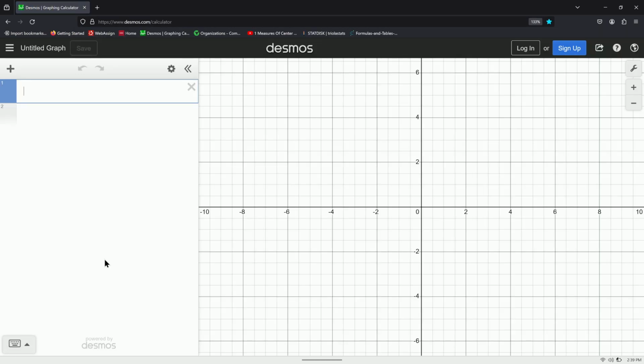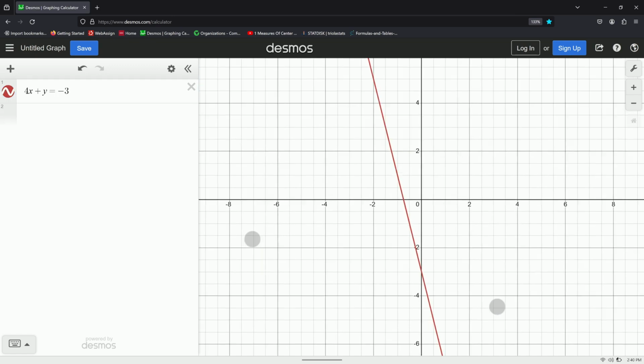And what's nice about Desmos is that you can type in your math exactly the way it looks on your homework or in the book. So, for example, we want to determine whether or not the following equations are functions. The first one is going to be 4x plus y equals -3.